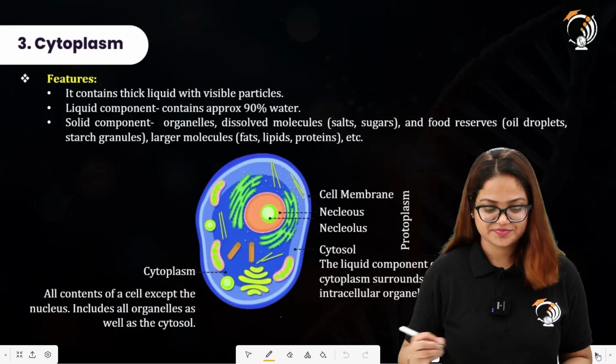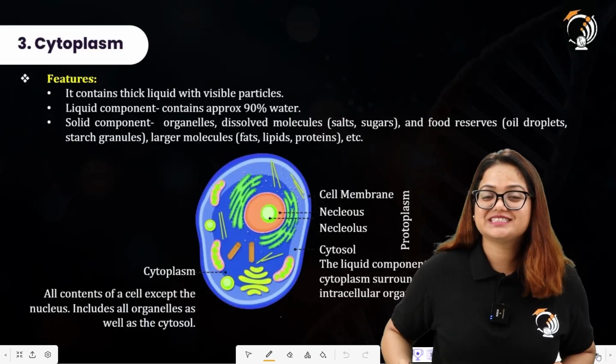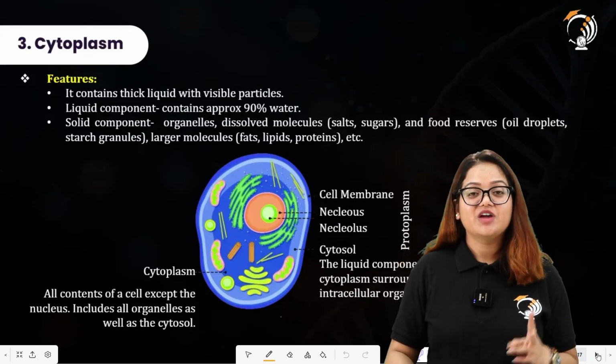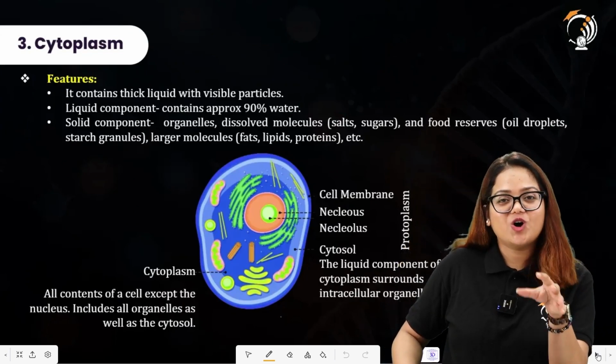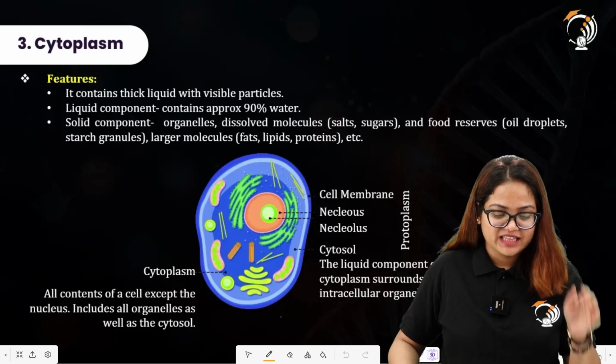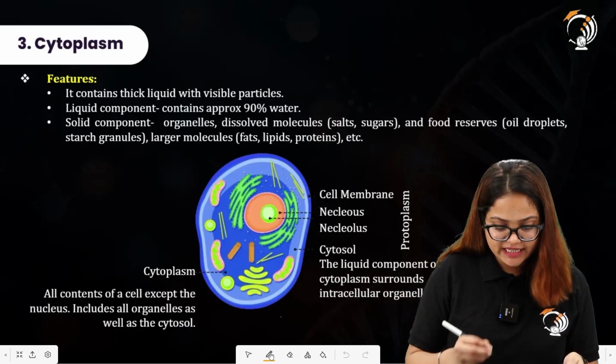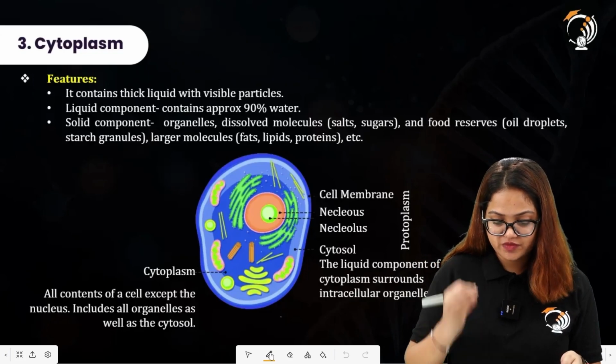The cytoplasm is another cell structure, after the nucleus and the cell membrane, which is common to all living cells. Then we have the features of the cell cytoplasm here. It contains a thick liquid with visible particles.